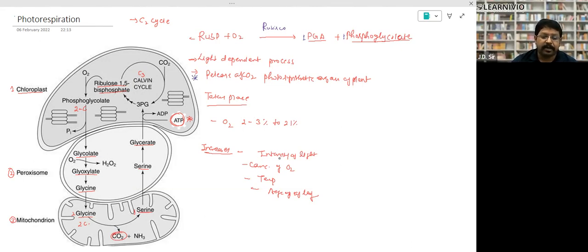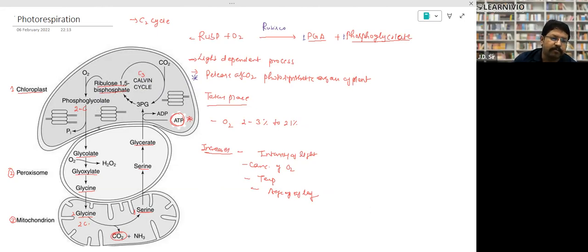It happens due to increase of the intensity of light, increase of oxygen concentration, increase of temperature, or some other factor like aging of the leaf. It will make 1 molecule of PGA and another molecule of phosphoglycolate. This phosphoglycolate is a 2-carbon compound. That's why this is also called C2 cycle.